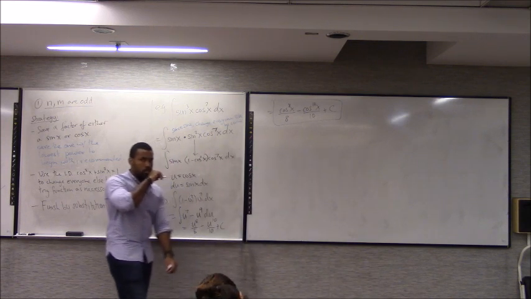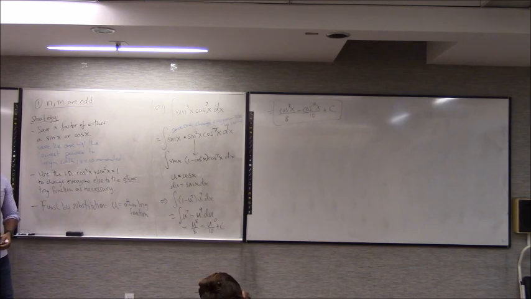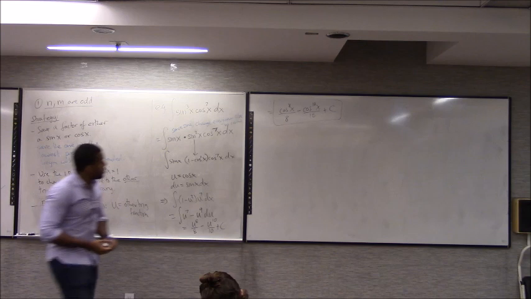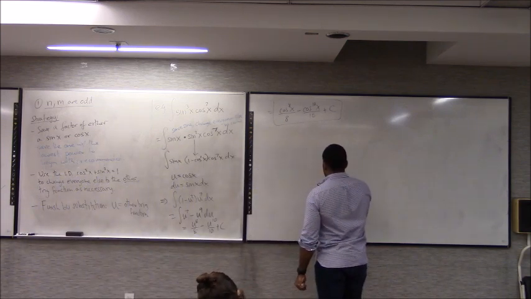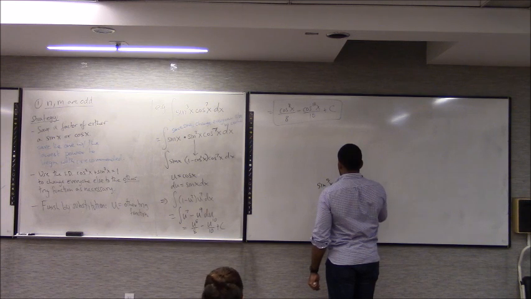Any questions on that? Yeah. Like if sine of x was originally to the 5th power, and we still took out sine x, when you replace it with 1 minus cosine squared x, what would it look like? So if you had sine to the 5th, cosine to the 7th, right.